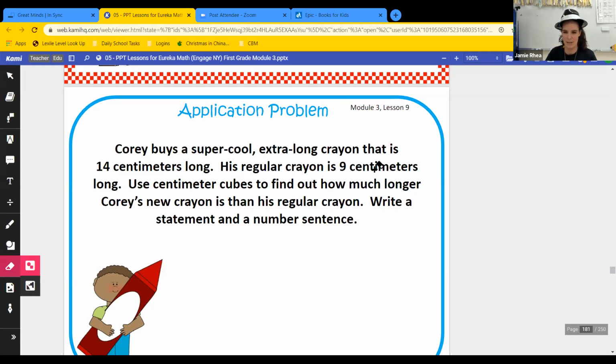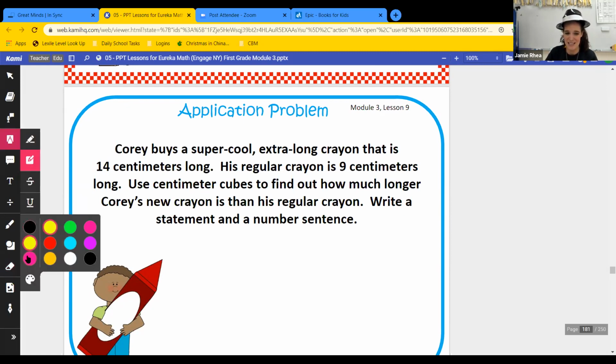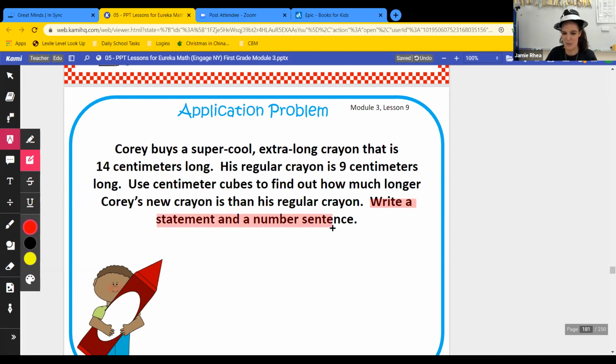Okay, now before we look for clues, what did it tell us we have to do? We have to write a statement and a number sentence. So I'm going to highlight that in red because that means we have to do it, right?